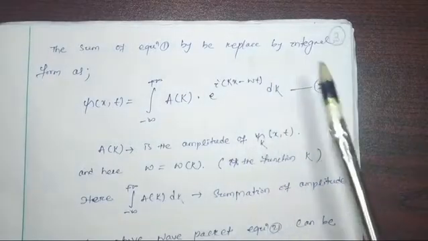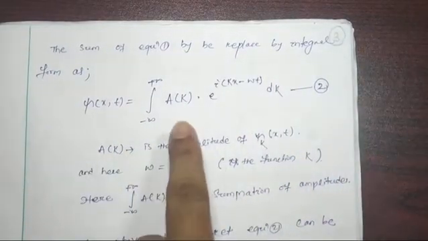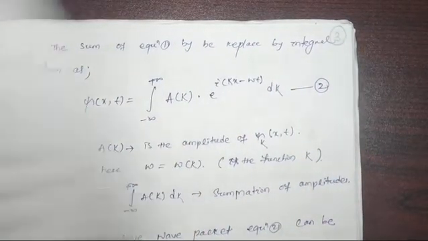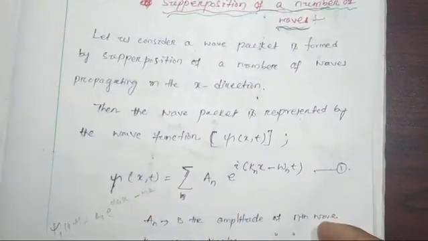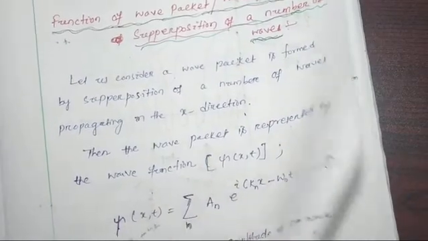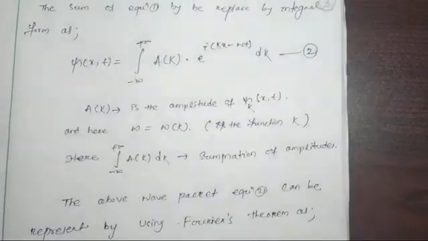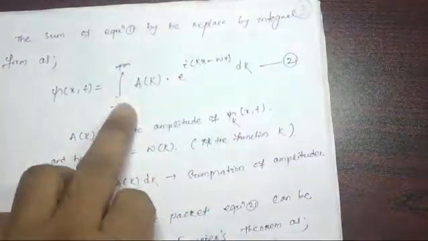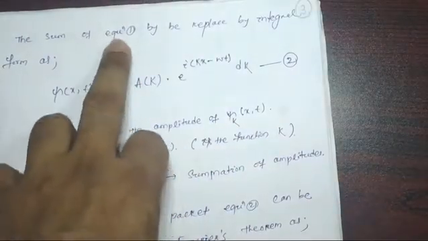is replaced by an integral. So the summation that we have in our equation number 1 is taken out and we have considered the integration format, which is from minus infinity to plus infinity.